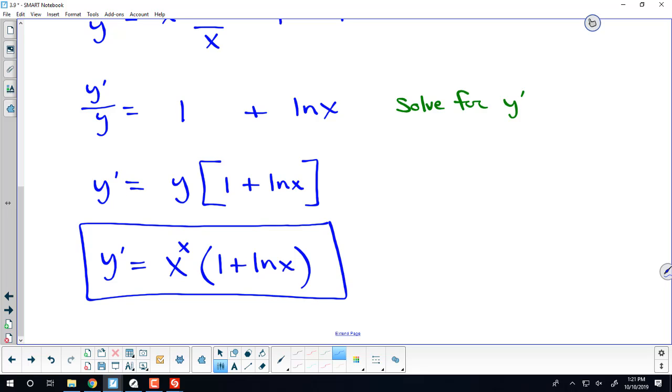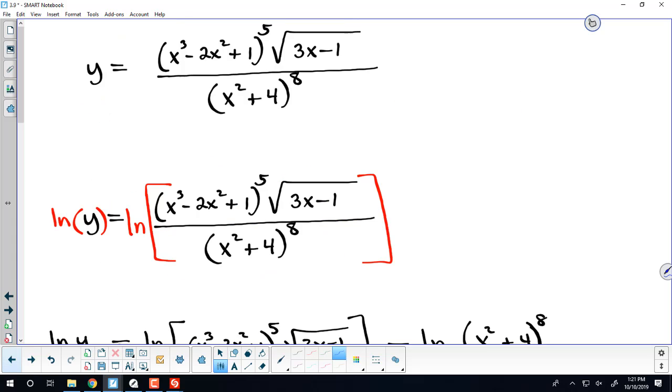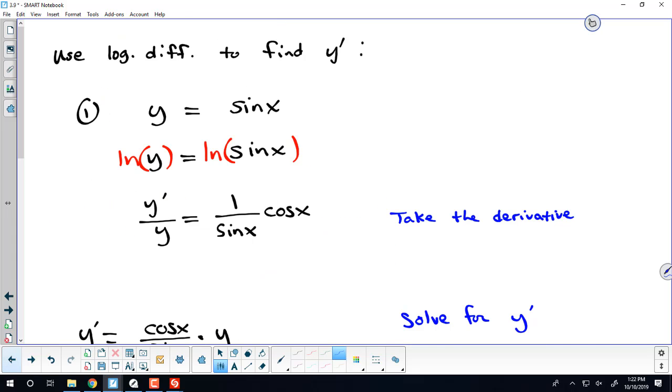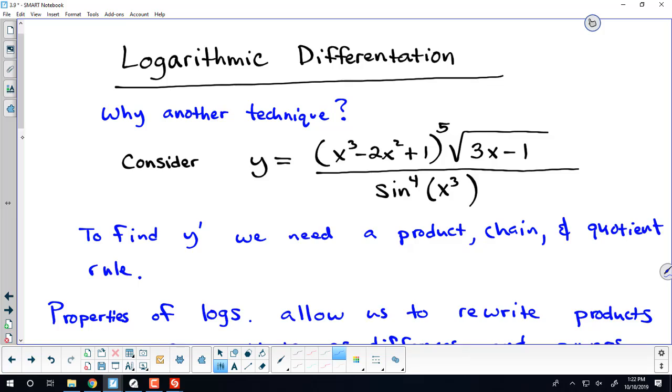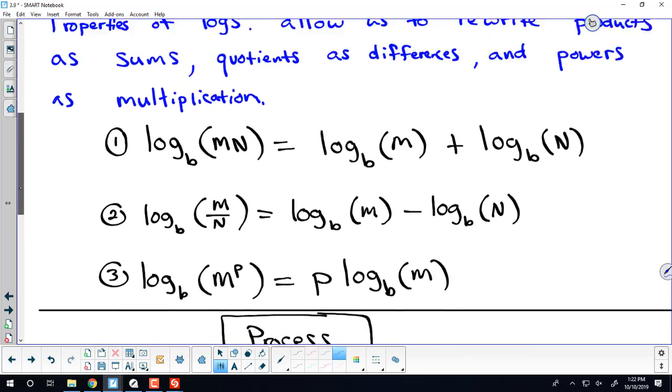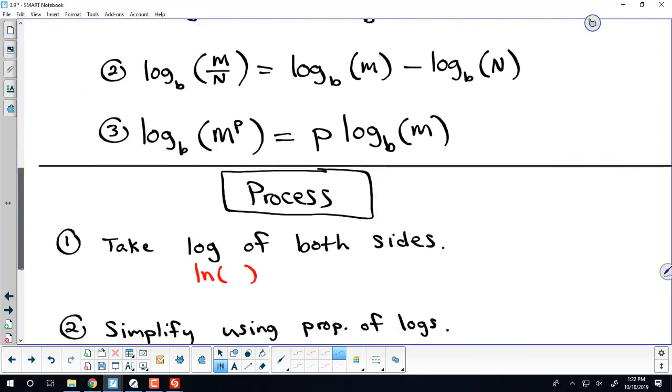Did anybody have any questions on any of this? Yeah. So logarithmic differentiation is the one where, if you are close to the right answer, the original function should be in the answer, right? Right, yeah. So the process of log differentiation, here are our steps.